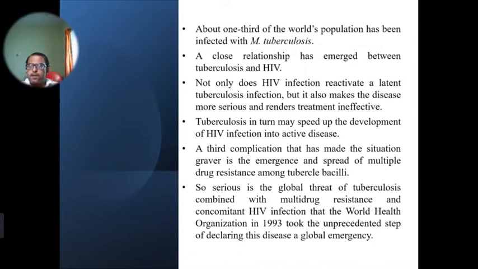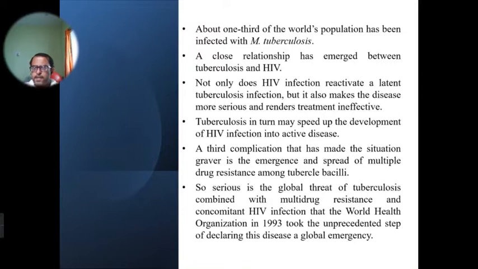Now a close relationship has been detected between tuberculosis and HIV infection. Not only does HIV infection reactivate latent tuberculosis infection, but it also makes the disease more serious and renders treatment ineffective.